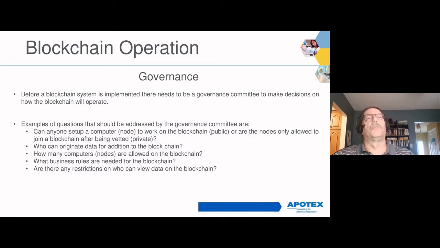What are the business rules for the blockchain? So when you're recording objects, you're not just necessarily recording the objects, you're recording transactions against the objects, and you're trying to have the business rules set so that you can enforce what transactions can be done to the objects.